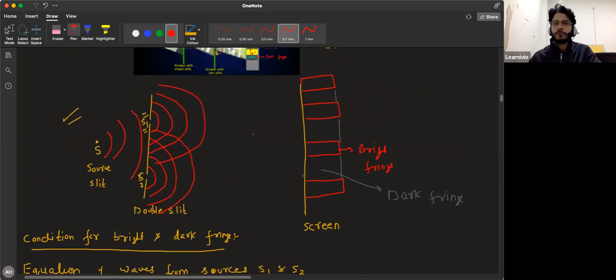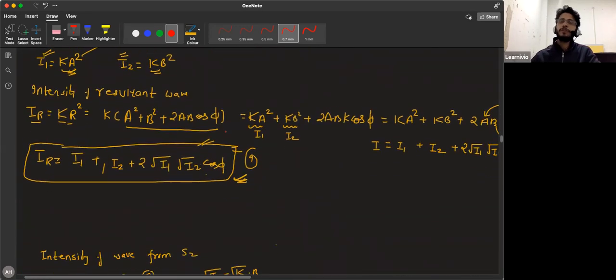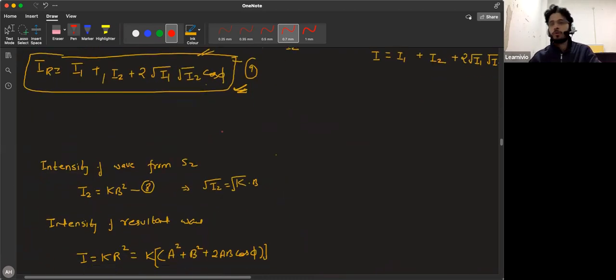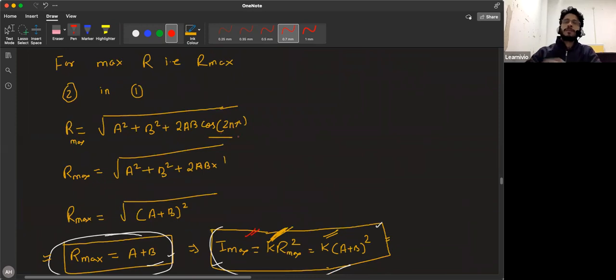The amplitude of this bright fringe is a plus b. The intensity of this bright fringe is k times (a plus b) square, or (root I1 plus root I2) square. Note it down. Then we'll do the conditions for the dark fringe and then we'll start some numericals.